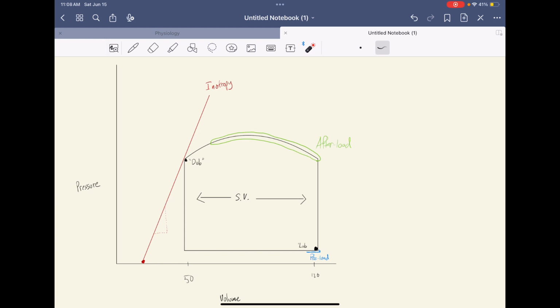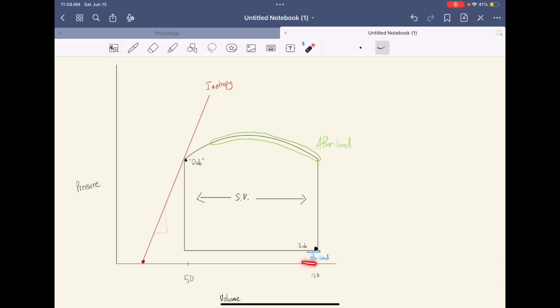So we can see we have volume versus pressure on our graph. And we can see here that the distance between these two lines is what I've labeled as SV, or stroke volume.